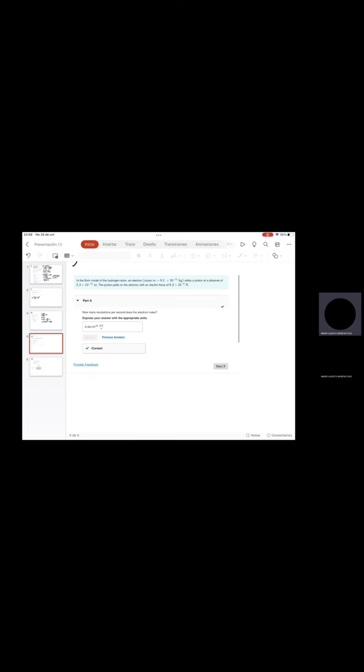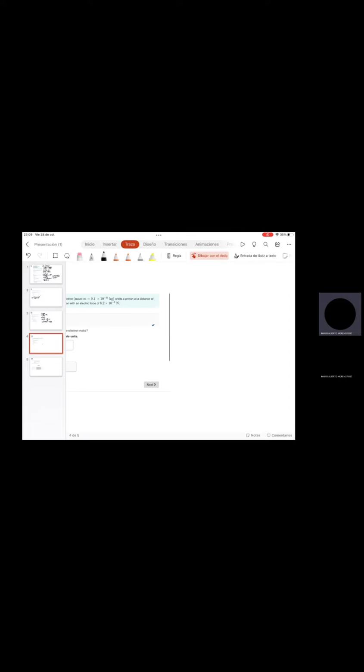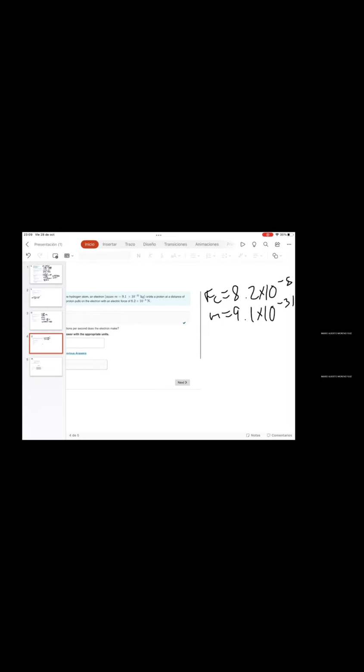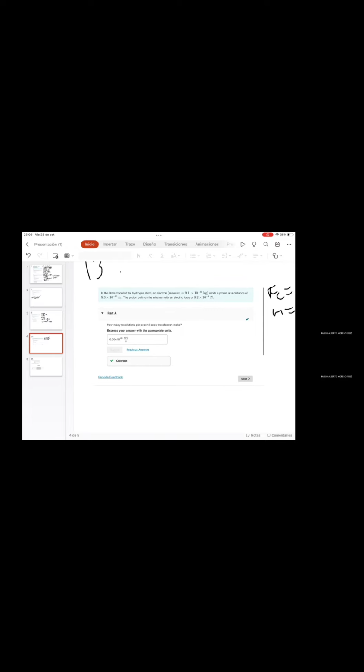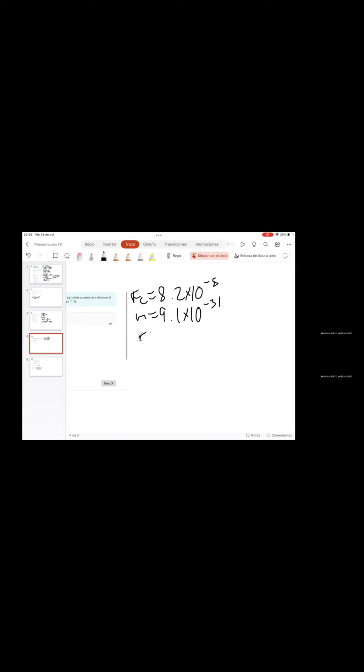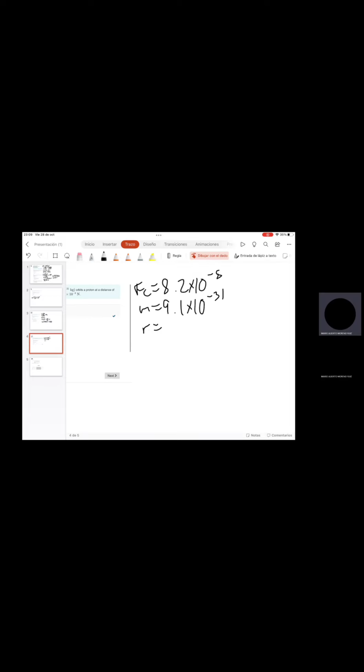We have here the force, we have also the mass, and we have also the radius, that is 5.3 times 10 to the minus 11.